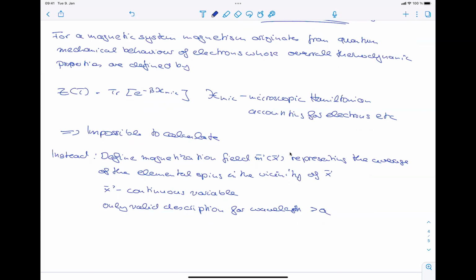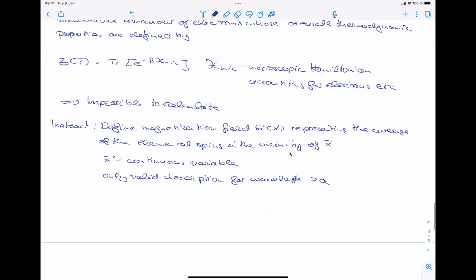And so in a formal way, I can now write down that I want to describe this microscopic partition function in terms of my order parameter, hence my magnetization field, where I'm summing over the microscopic Hamiltonian and coarse graining out the magnetization.